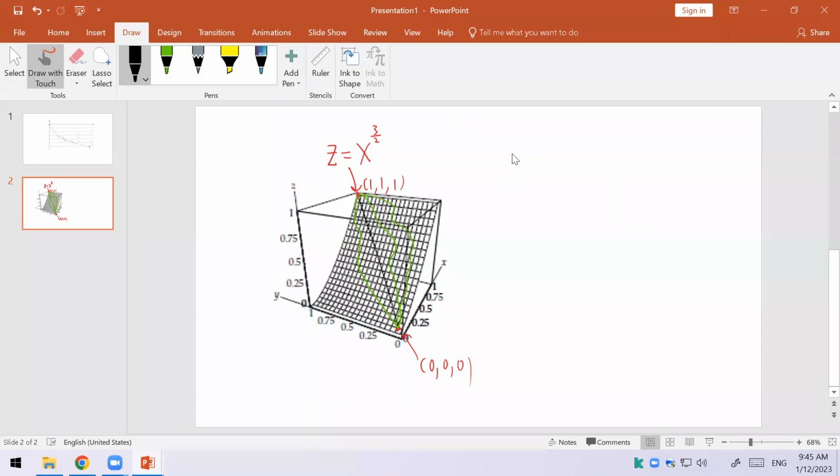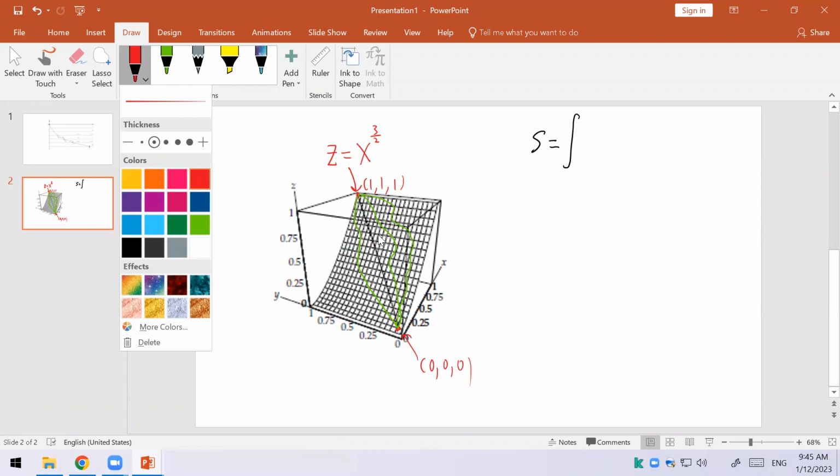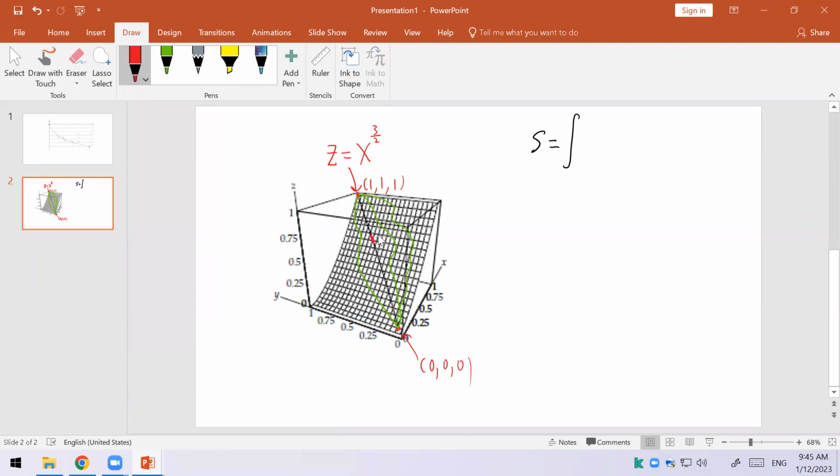Of course, the first thing that you do is to set up the integral. This is the first step. This time, the differential element of the arc length, again I will call this ds, this small section over here, is equal to the square root of dx squared plus dy squared plus dz squared.